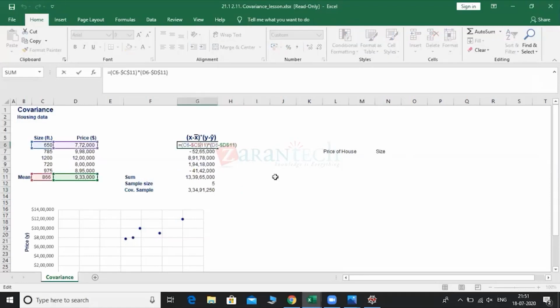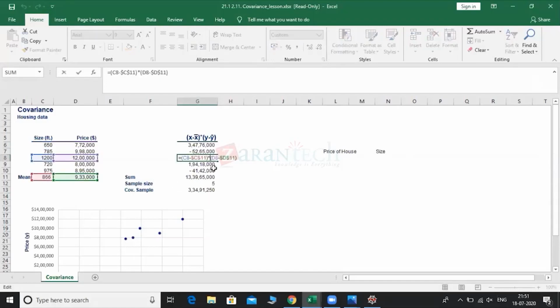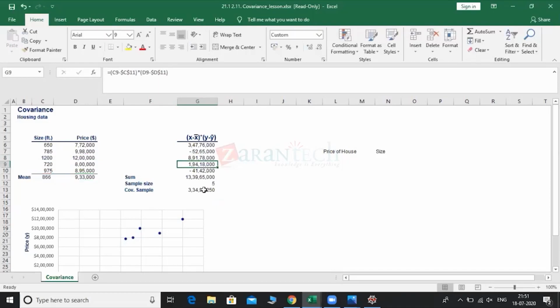So we are simply multiplying all these numbers, and for all of them this product is computed.